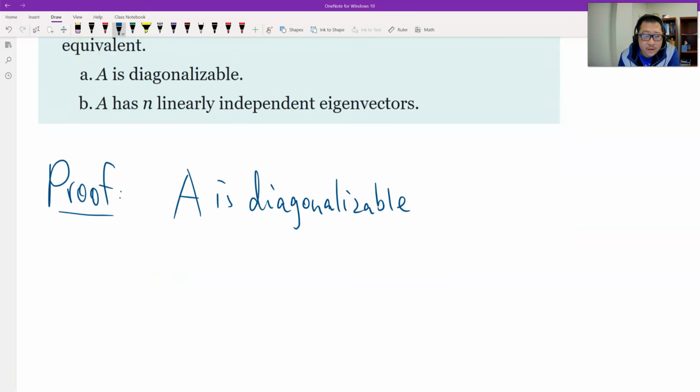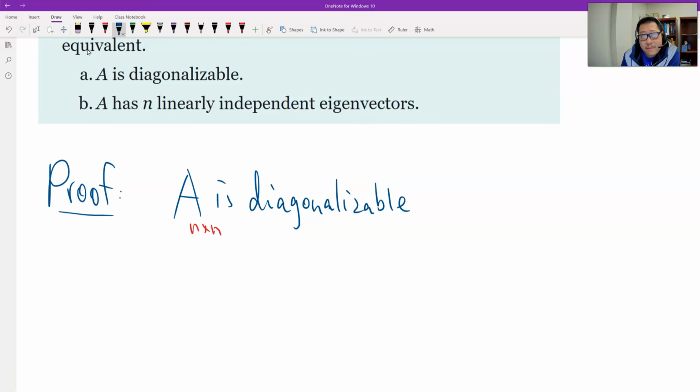Okay, let's start from A is diagonalizable. Remember A is n by n. And we need to find the equivalent condition, which is n linearly independent eigenvectors.